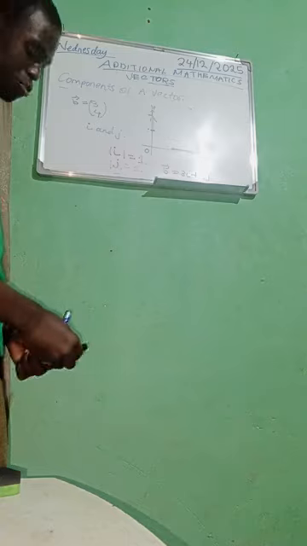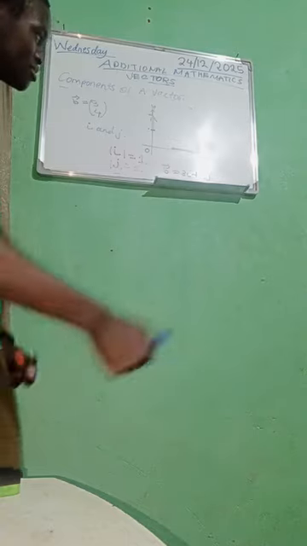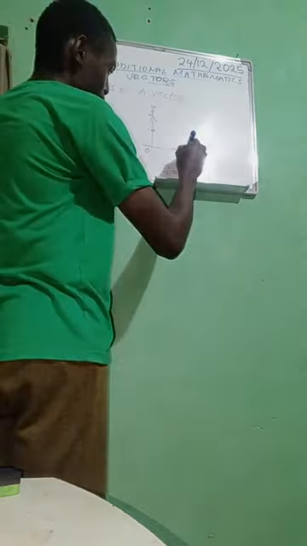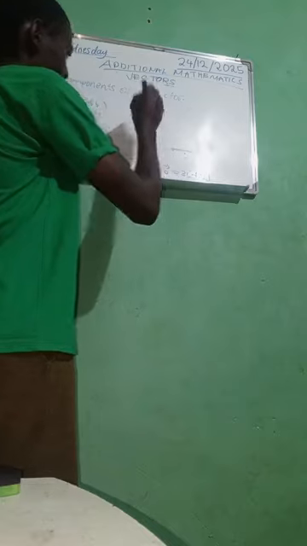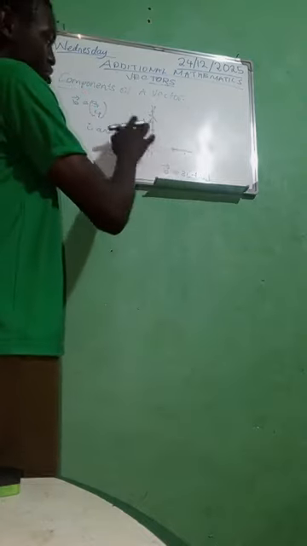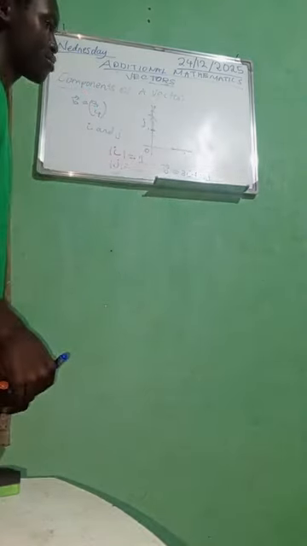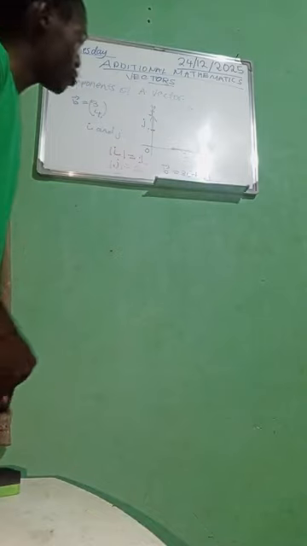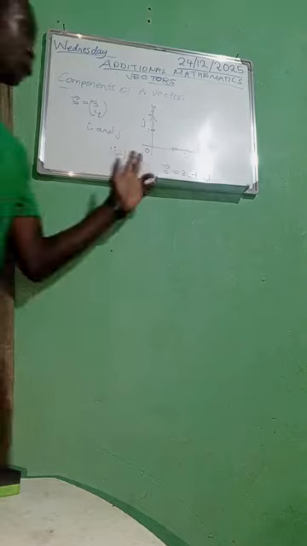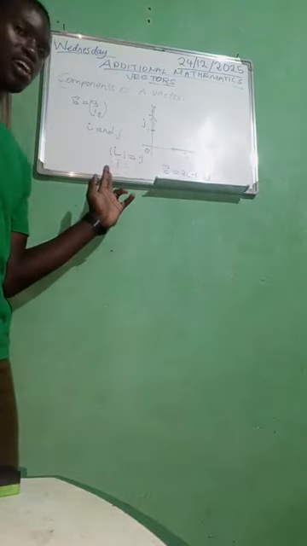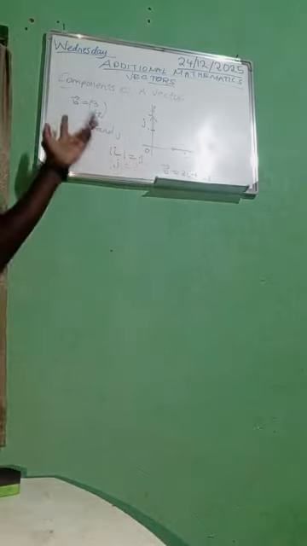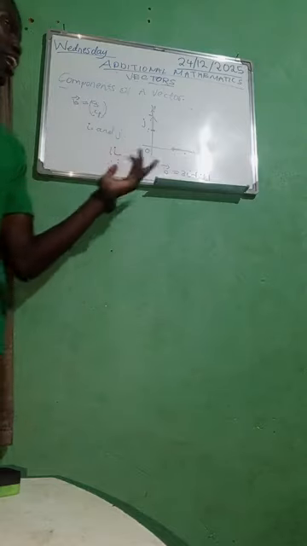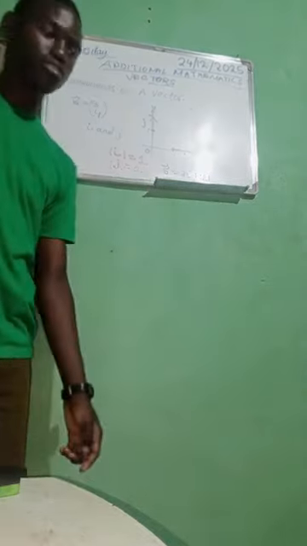Movement in the x-axis is called I. Movement in the y-axis is J. The magnitude of I is 1. The magnitude of J is 1. These are what we call components of a vector, the I and J components.